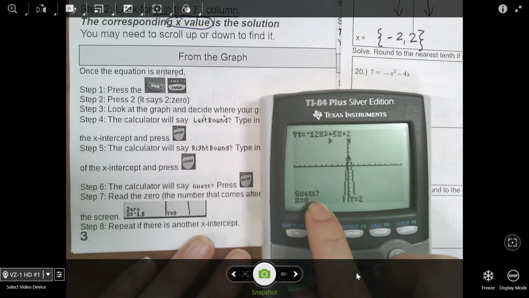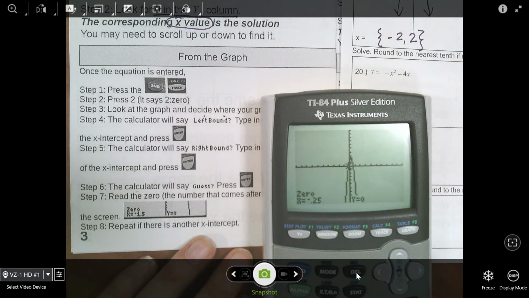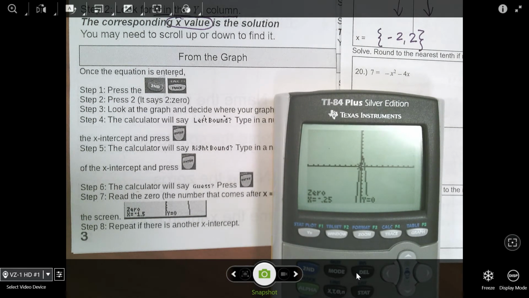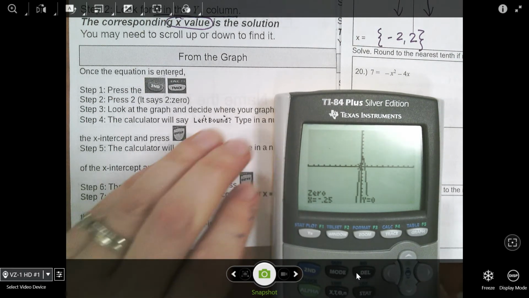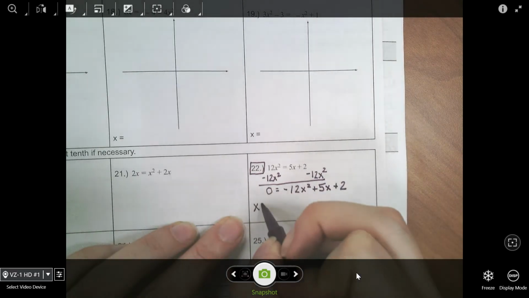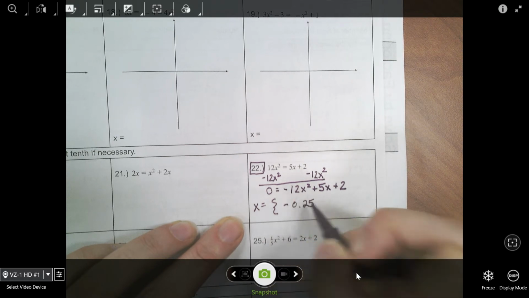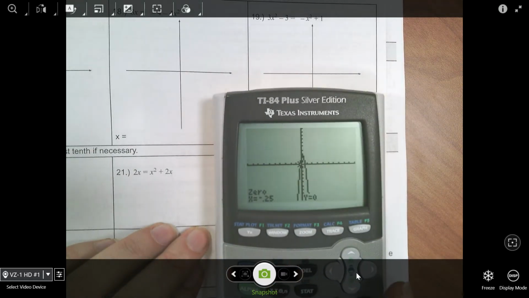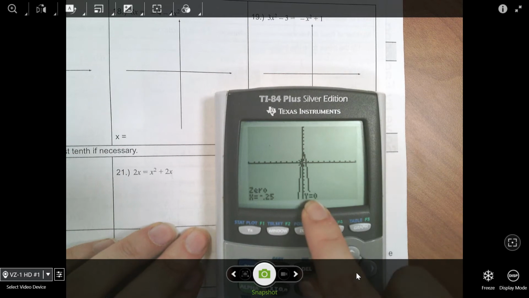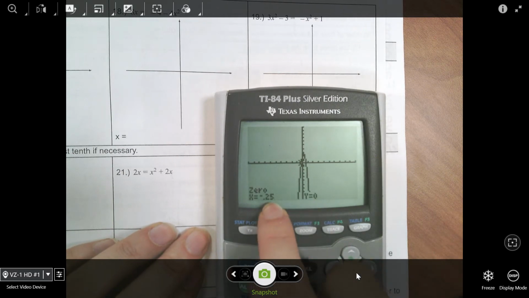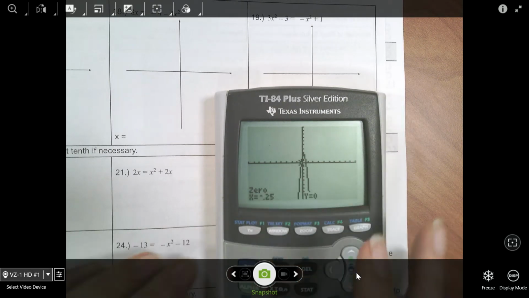So it asks, do you want to guess? And you press enter. And there's my solution, negative 0.25. So that's one of my solutions. Negative 0.25. I don't need to write the y because the solution is just the x value that I'm looking for. All right, that was the first step.